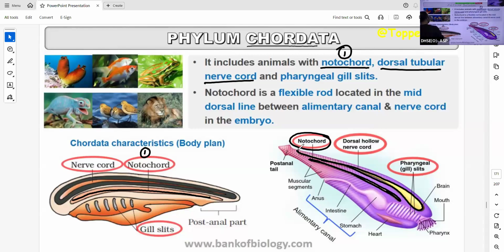Where is it present? In the dorsal part of the body. Then, pharyngeal gill slits. These are the pharyngeal gill slits. So, 1, 2, 3. Or here, same way, 1, 2, 3. Now, these three things must be an integral component of every chordate.